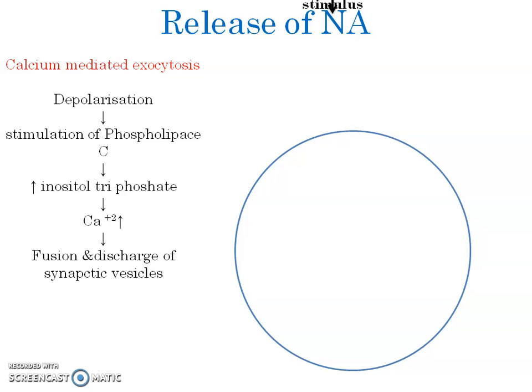This is an axonal plasm where, when a stimulus occurs, when there is a signal sent from the central nervous system, the sodium channels get activated, thus causing depolarization. When there is activation of the sodium channel, there is entry of sodium into the axonal plasm, causing depolarization of this cell.